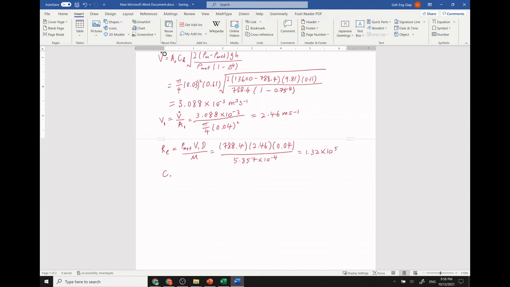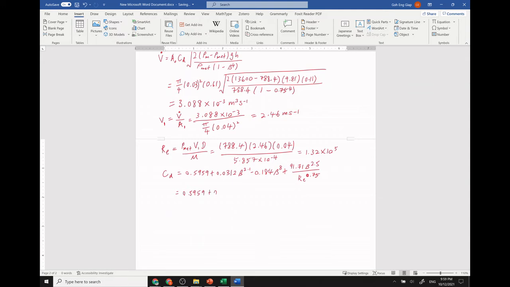Okay, so it's CD equals 0.59 plus 0.0312 beta to the power 2.1 minus 0.184 beta to the power 8 plus 91.71 beta to the power 2.5 over Reynolds to the power 0.75. Okay, so let us proceed.